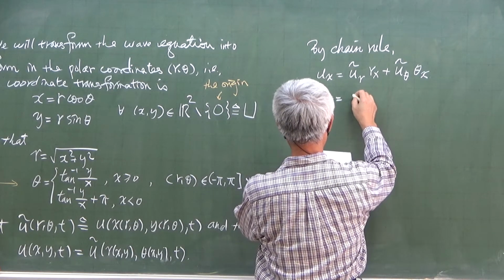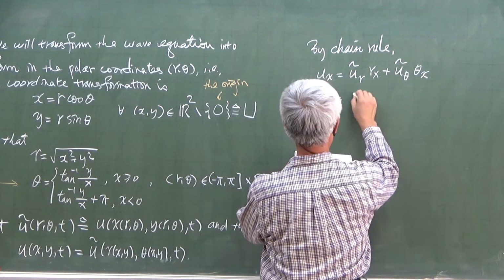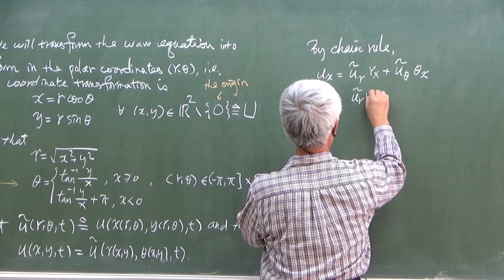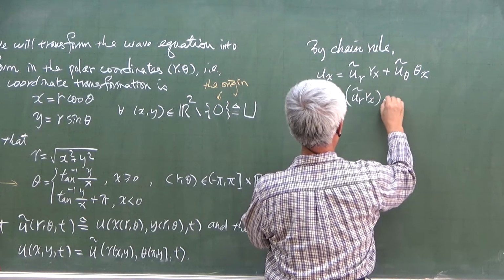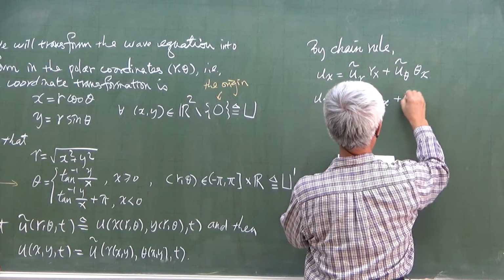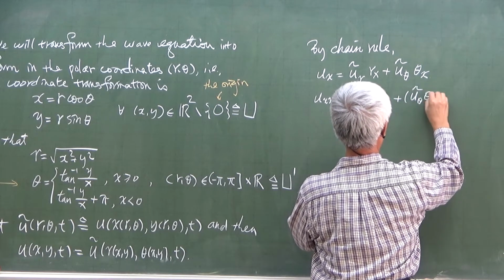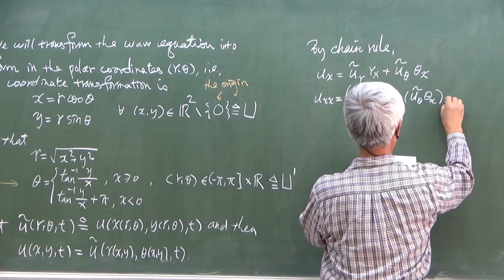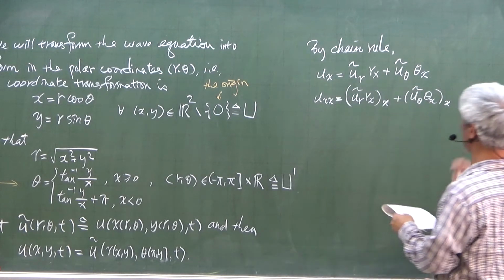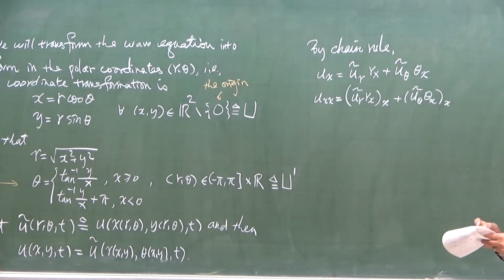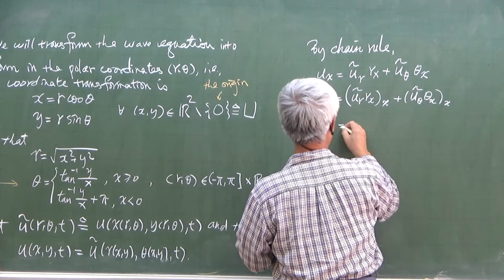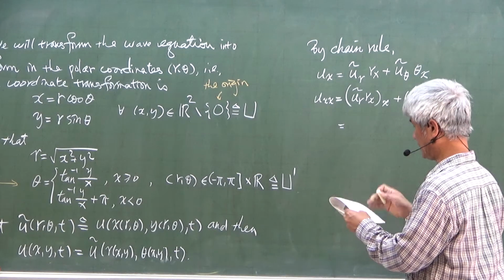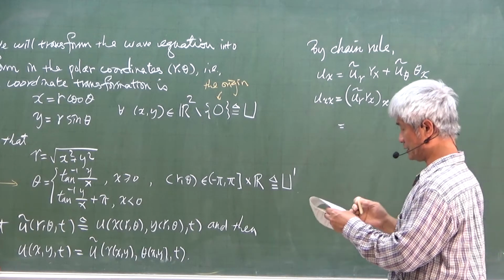So we can do the partial derivatives again, with u_r times r_x plus u_theta times theta_x, and there is some algebraic manipulation.